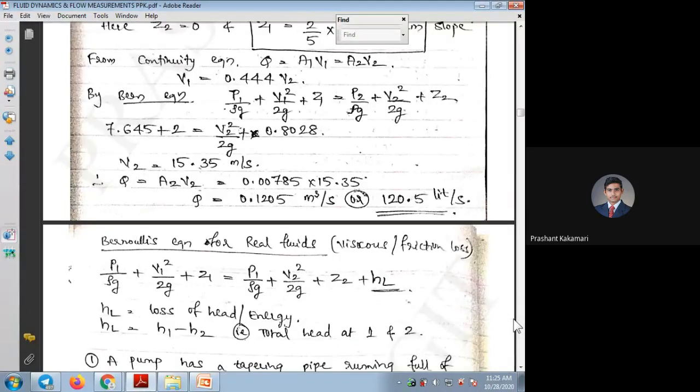So to consider the extra losses in real fluids in Bernoulli's equation, they have added this extra loss HL, the loss of head due to viscous forces and the friction forces.